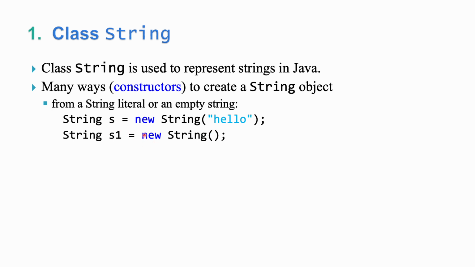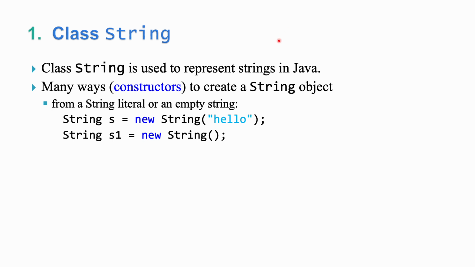The first two common ways to create a new string object are from a string literal or from an empty string, which correspond to passing a string literal or nothing to the constructor String. Note that passing nothing to the constructor String has the same effect as passing an empty string to the constructor String.